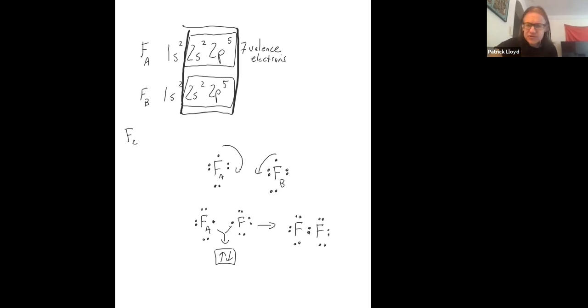So what we notice in nature is that a lot of molecules, particularly the nonmetals, tend to form arrangements similar to this, where a pair of electrons form a bond to hold the nuclei together. And there are these other electrons in the valence shell that are not bonded to the other atom, and we call these lone pairs.